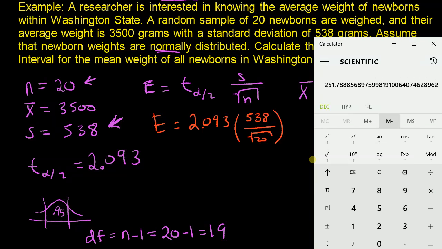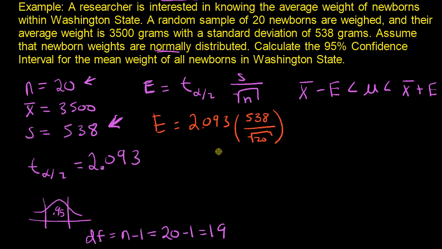Okay, go ahead and press enter. 251.7888. We'll round to 3 decimal places so that 8 will become a 9. 251.789. All right, so there's our margin of error.